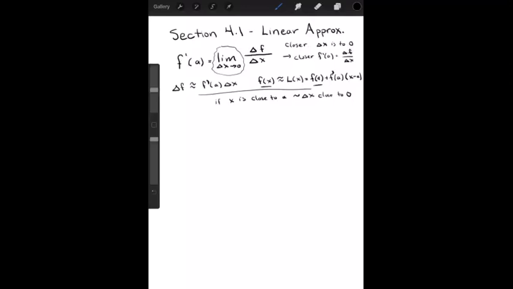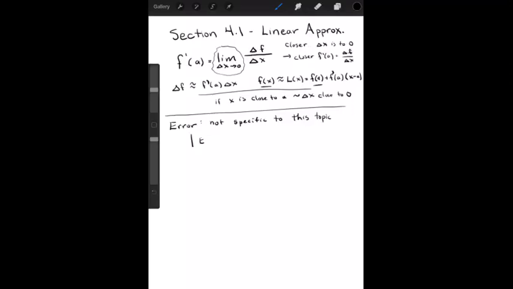So that's basically, well, there's one other thing that was introduced in this section, and that was the concept of error. That's not something specific to this topic. They just sort of introduce it here. In general, error is always going to be the difference between your guess and what's actually true.